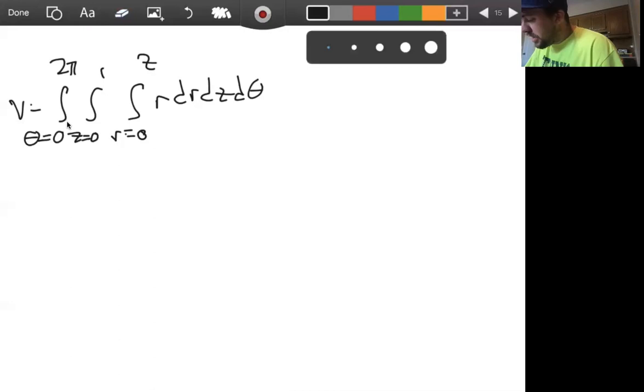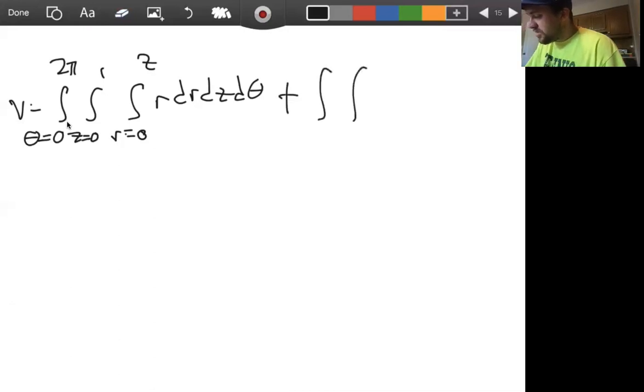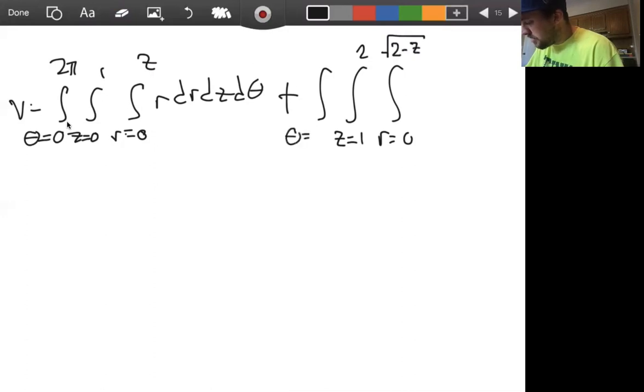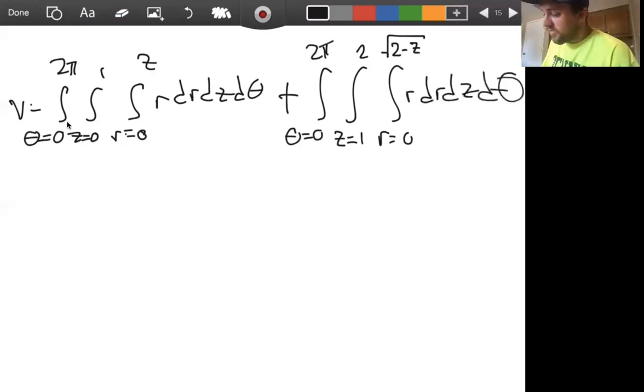But then this is plus, when z goes from 1 to 2, we know r went from 0 to root 2 minus z, and then theta again went from 0 to 2 pi. And then this is r dr dz d theta, and this is a formula for volume in the different order.